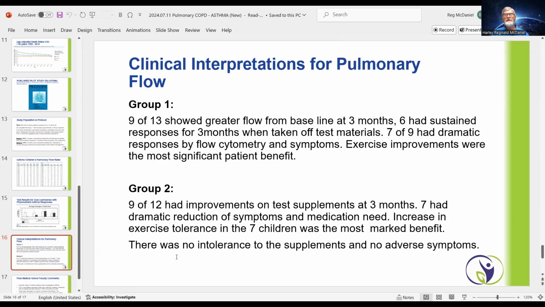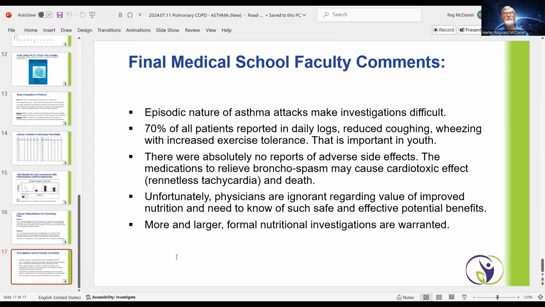The second group, as you saw there, that improved, had a dramatic reduction in their symptoms and medication need, and their increase in exercise tolerance was their most marked benefit. There was no intolerance to the supplements and no adverse symptoms, which is very important because that's so common with any type of drug that you take for anything, is toxicity.